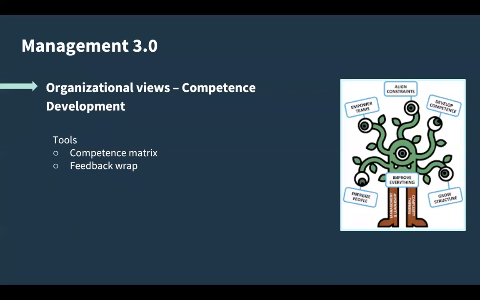Something that we all need to learn is that to be able to learn or to grow, we really need to be allowed to fail and feel safe to do it. We need to be able to test, try, and experiment, and that's the way to learn. In this case, of course, the competence matrix and the feedback wrap that we are going to be talking about later are good tools.